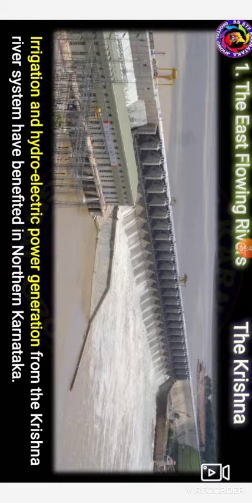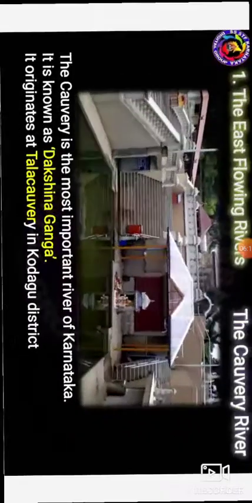People in North Karnataka use the water to develop and grow irrigation. And this river and its dams are also used for hydroelectric power. It is very useful and has benefited North Karnataka.